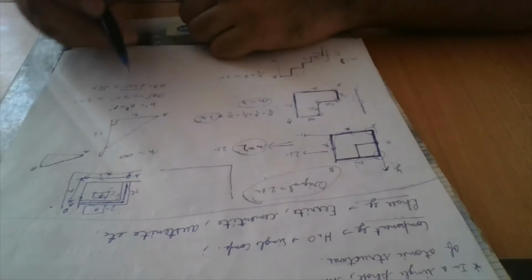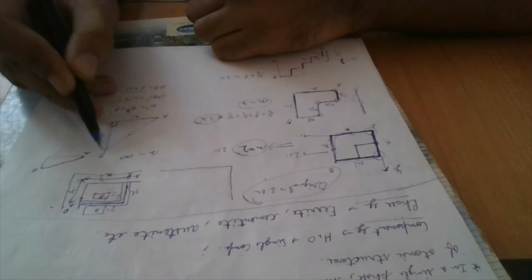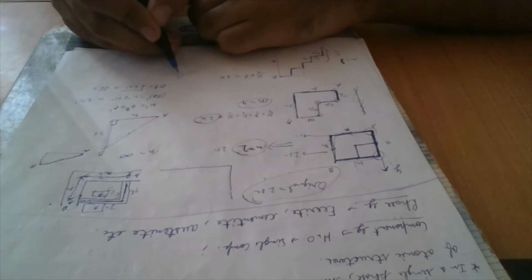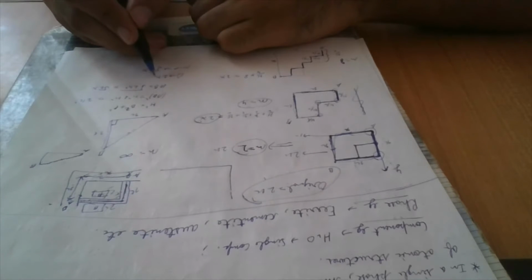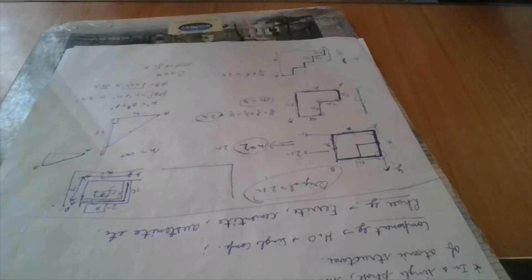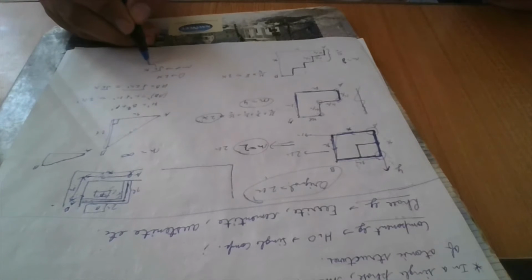So the original distance from point A to point B was 2x, and at n equals to infinity the distance is root 2x, and they are not the same. Wow, now that is a problem, which I was talking about. The value of root 2 is approximately 1.4.